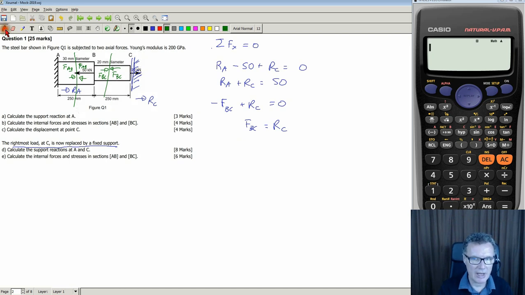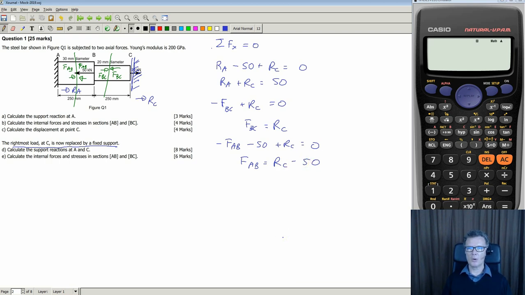Either argument's valid. So we've got minus FAB. Now we've got this force going right to left, and then we've got the RC force equals 0. So rearrange this, FAB equals RC take away 50.